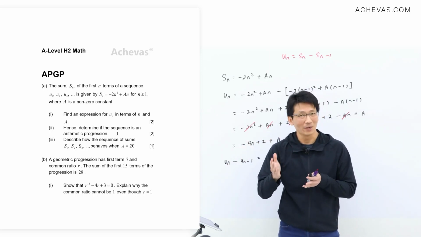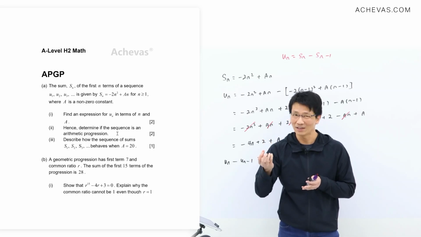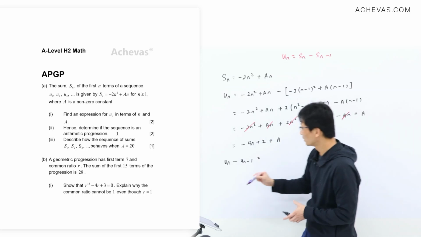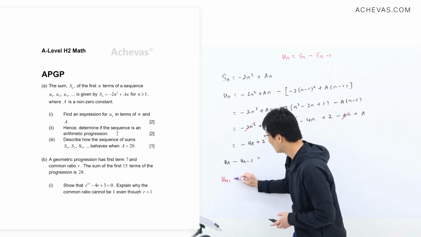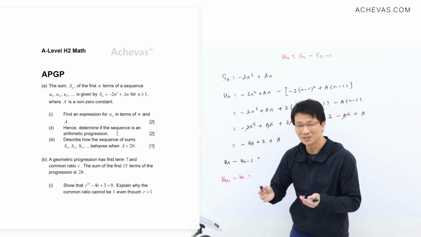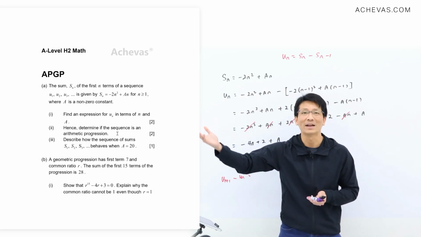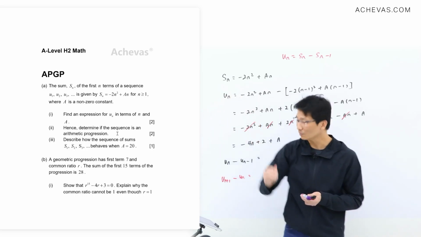As long as you are able to show that it's a constant, then it will be an AP series. In fact, you can also use un plus 1 minus un. It will be the same because you are just using the general term minus away its preceding term.